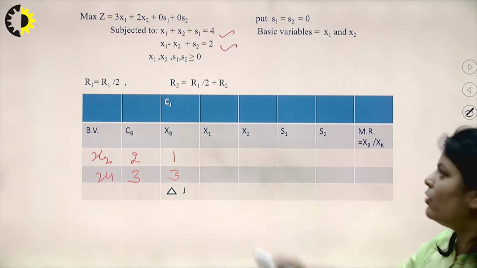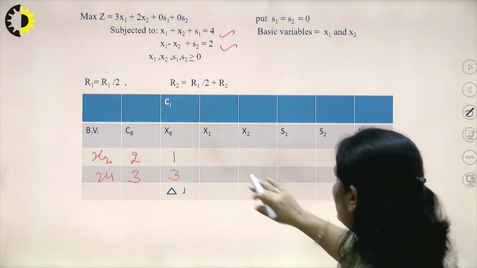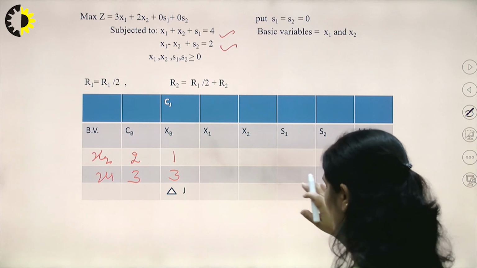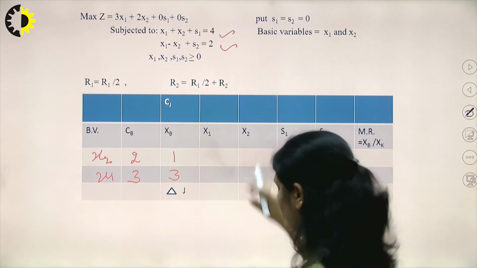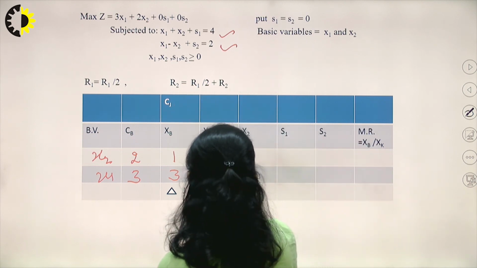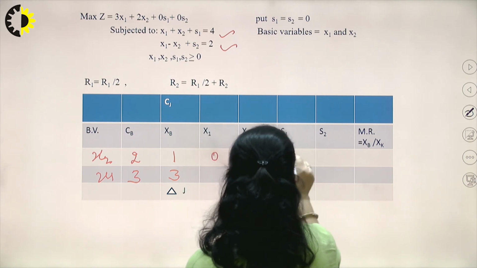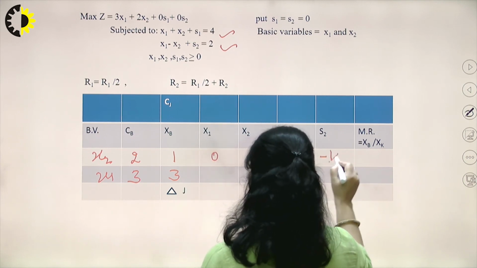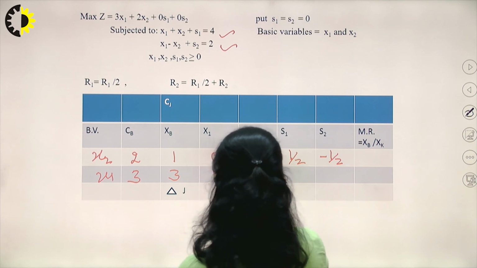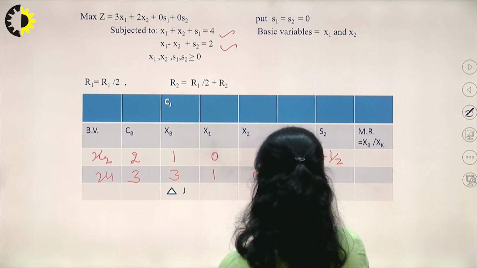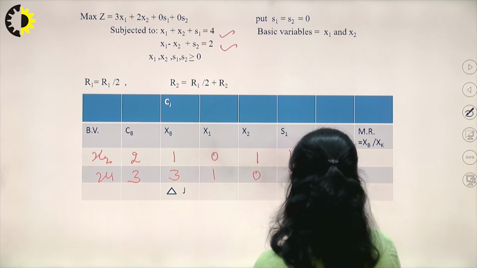Clear? Now we will write down the values of x1, x2, s1, s2 after performing this row operation. So we will get 0, 1, 1 by 2, minus 1 by 2, and this will become 1, 0, 1 by 2 and 1 by 2.